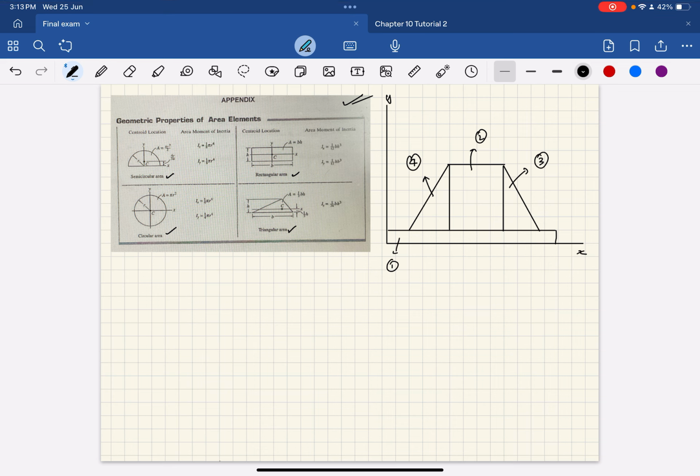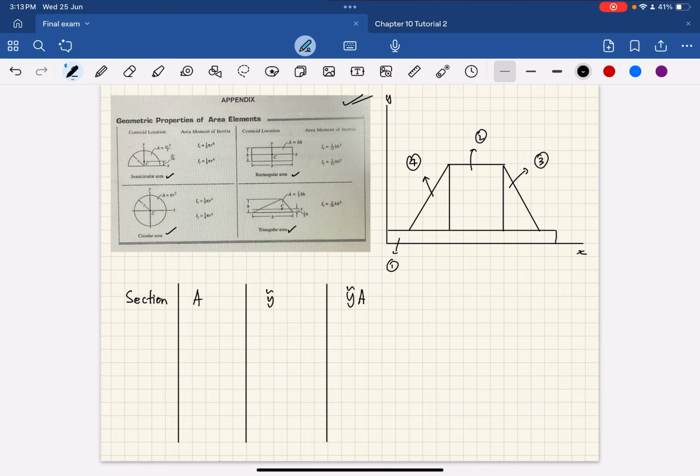I'm going to make a table, because it's best to make a table when you're trying to find the centroid across the y-axis. So the columns are section, area, y tilde, and y tilde area.